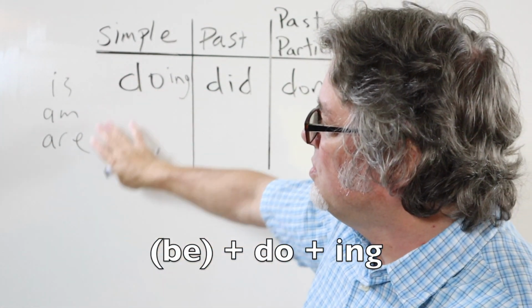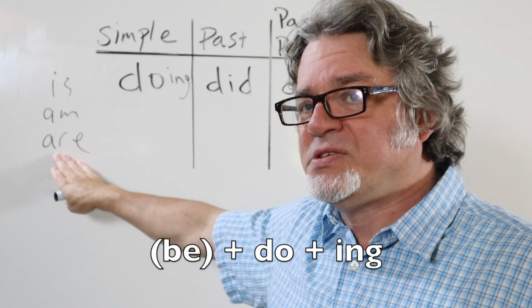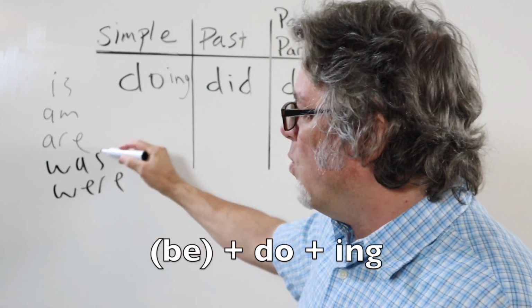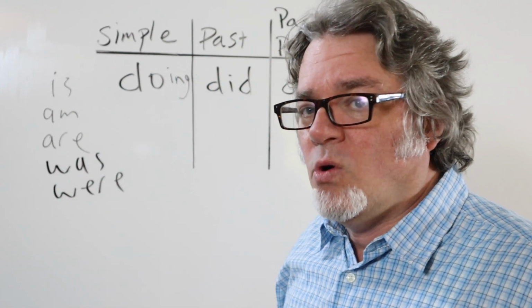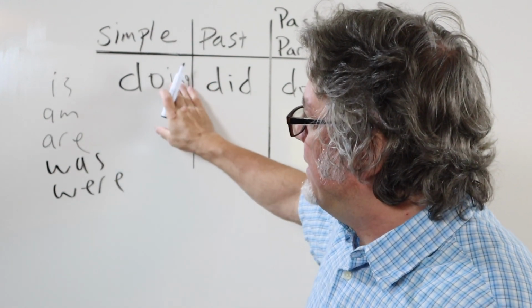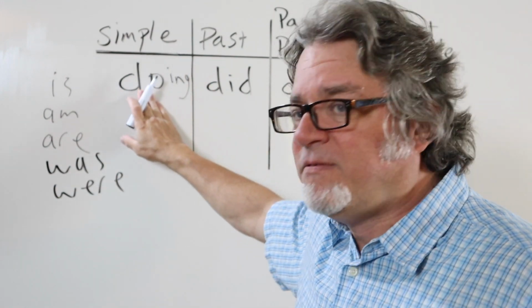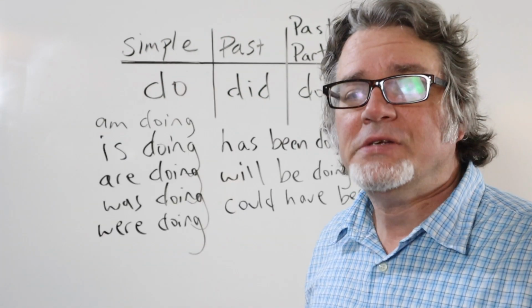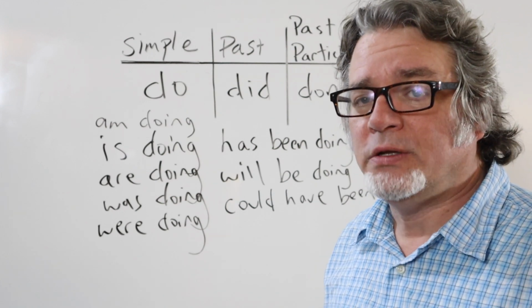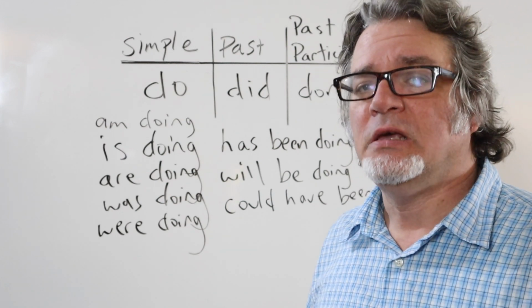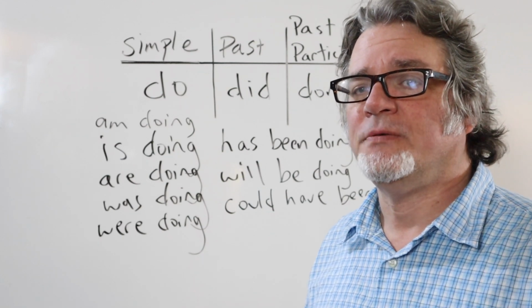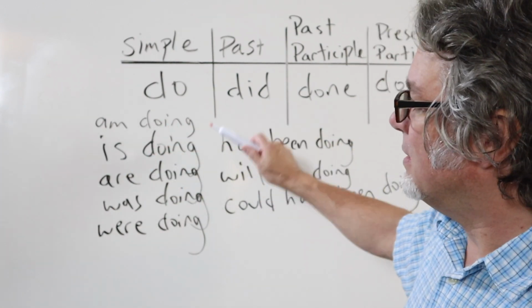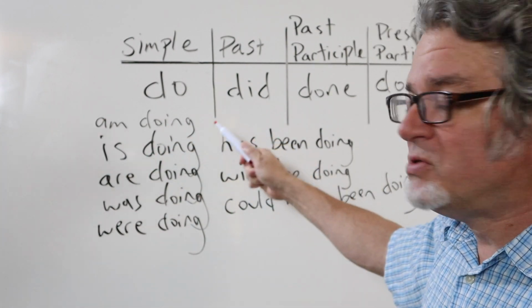So essentially when you're using continuous tenses like the present continuous tense or maybe the past continuous tense, was doing, were doing, you're essentially adding an ing to the simple form and using the verb be. This is why it's important to know how to use the verb be before you learn how to use the verb do. If you take a look at these verbs, these are all in continuous forms.